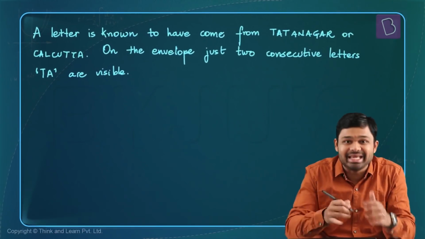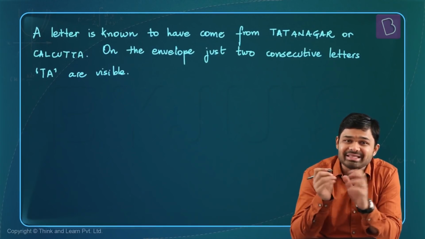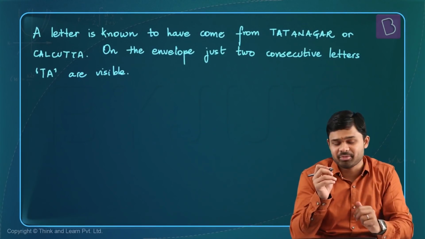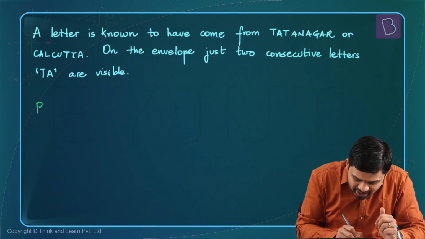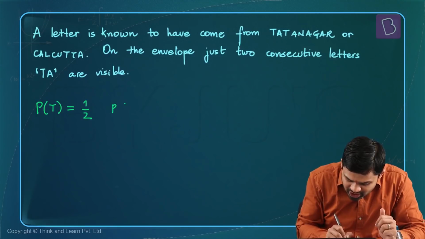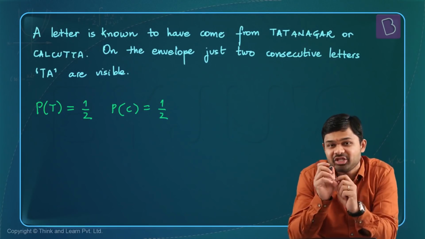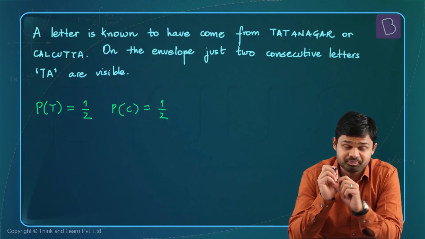I'm going to say T is the event that the letter has arrived from Tatanagar and C is the event that the letter has arrived from Calcutta. So P of T would have been 1/2 and P of C also would have been 1/2 in case we did not have that additional piece of information.